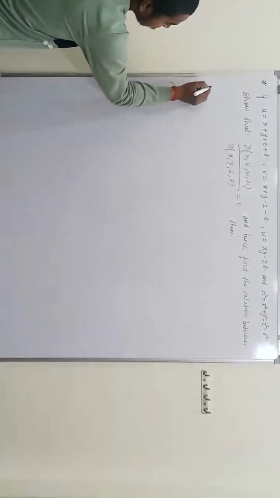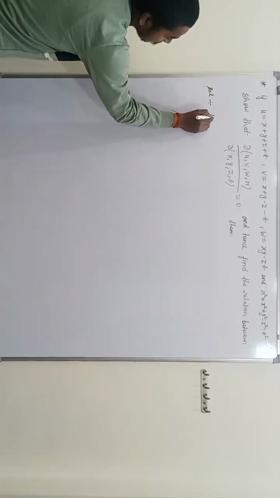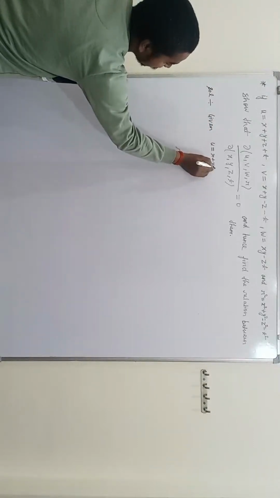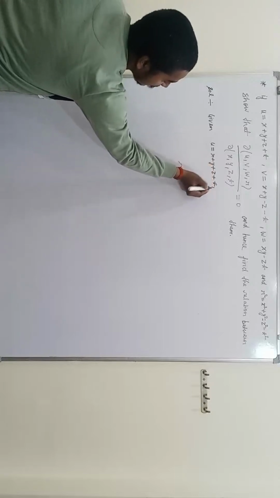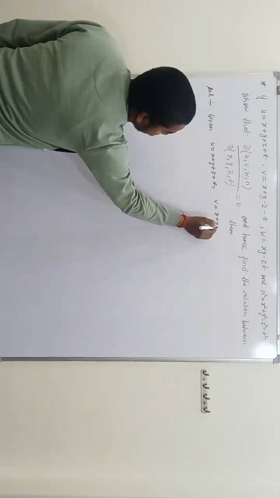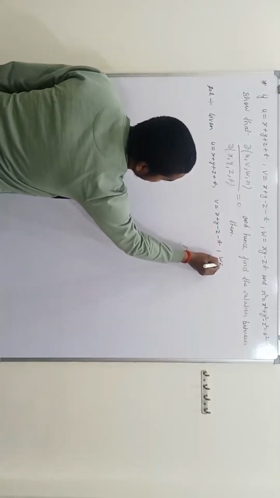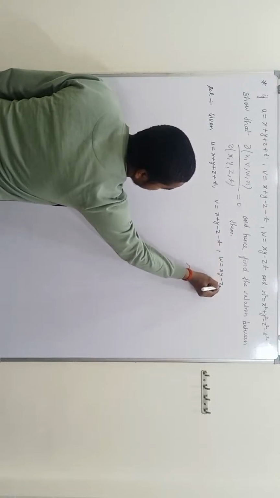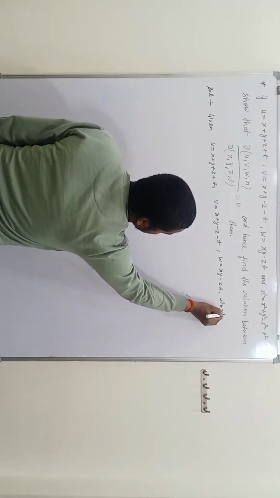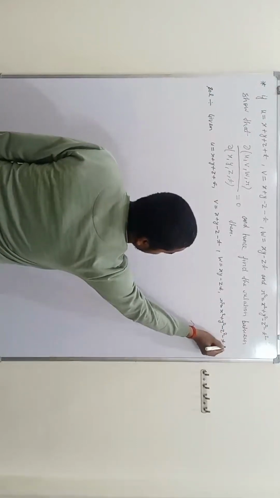Let's solve the problem. Given u is equal to x plus y plus z plus t, and v is equal to x plus y minus z minus t, and w is equal to xy minus zt, and r square is given by x square plus y square minus z square minus t square.